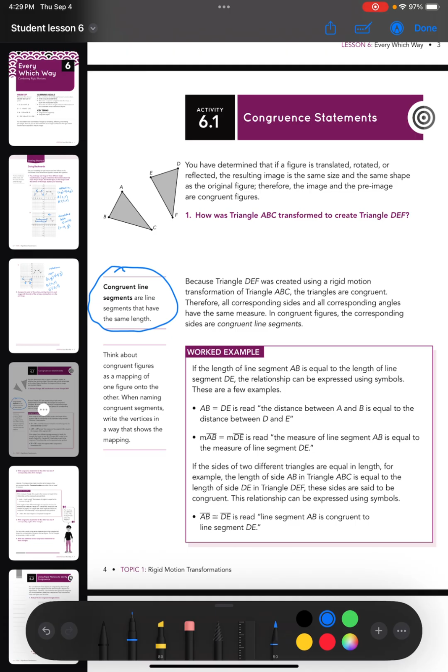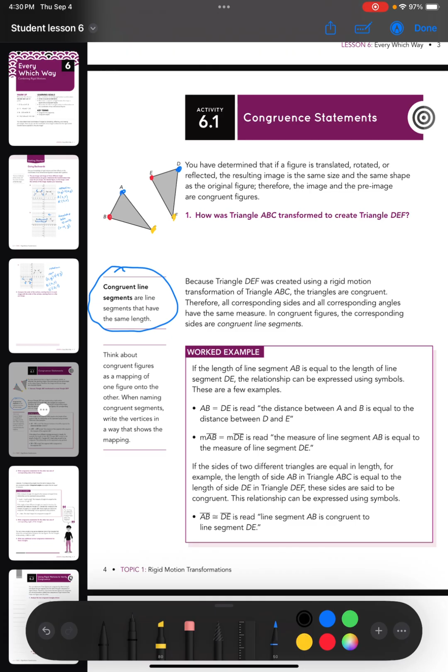So how is triangle ABC transformed to create triangle DEF? Well, if they're naming it ABC and they're saying it is creating DEF, we know that A is corresponding to D, B is corresponding to E, and that C is corresponding to F. So this figure hasn't been flipped, hasn't been necessarily just translated because it has changed orientation.